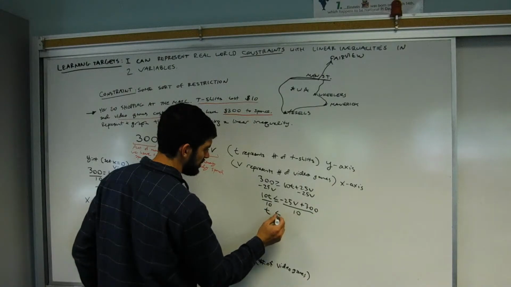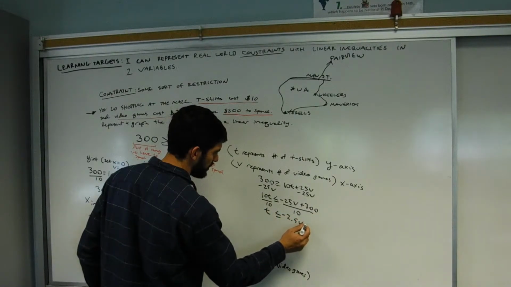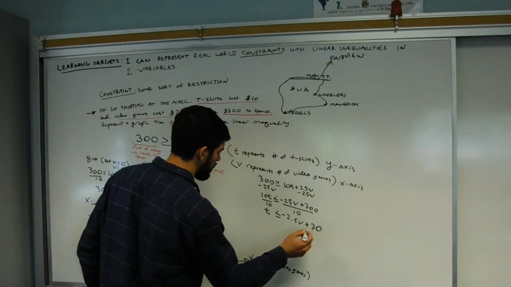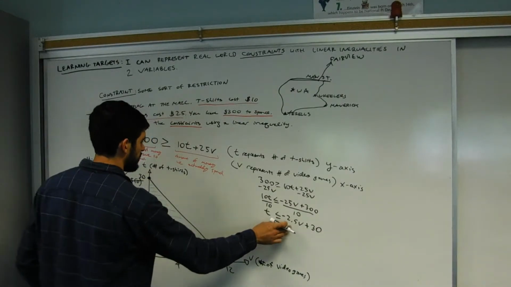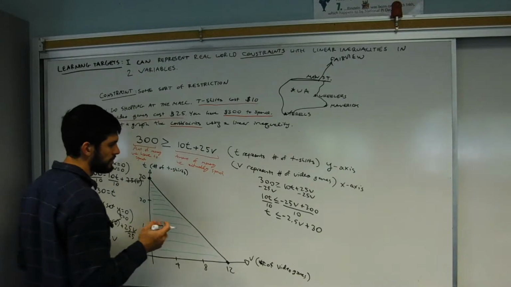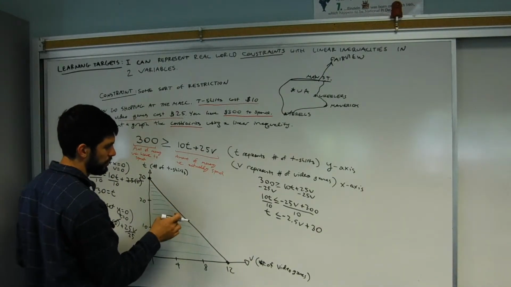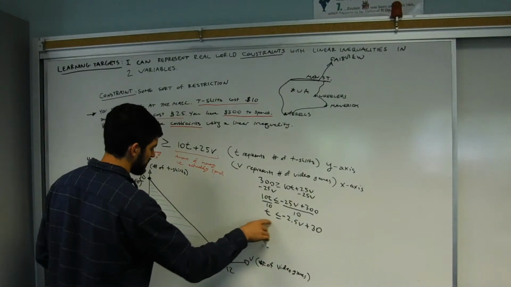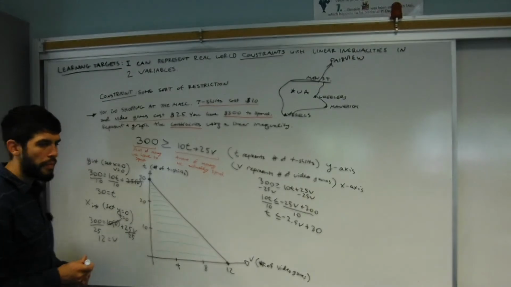We'd get t is less than or equal to negative 2.5v plus 30. And if you notice, our graph is the same as this one. It's just in slope-intercept form now. Our y-intercept is 30, our slope is negative 2.5, and t is less than or equal to that, so that's why I shaded below the line.